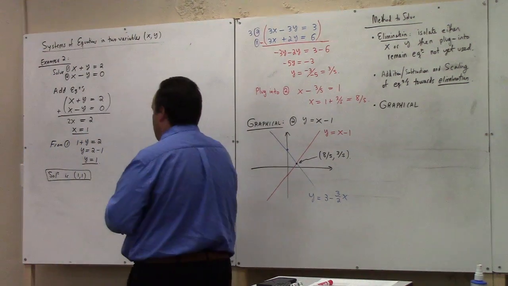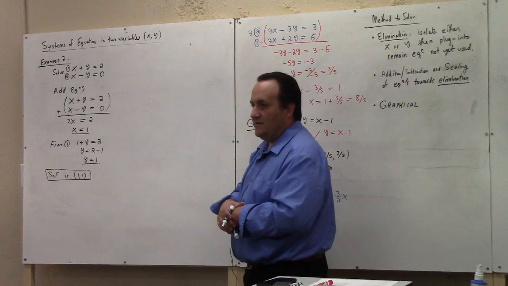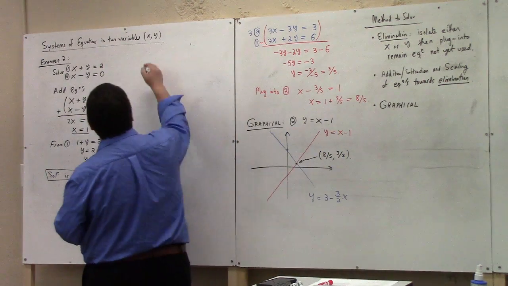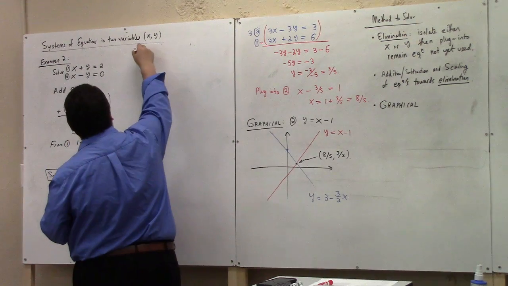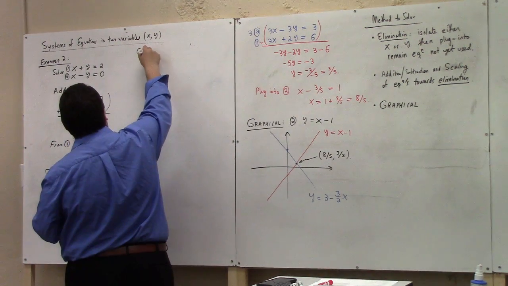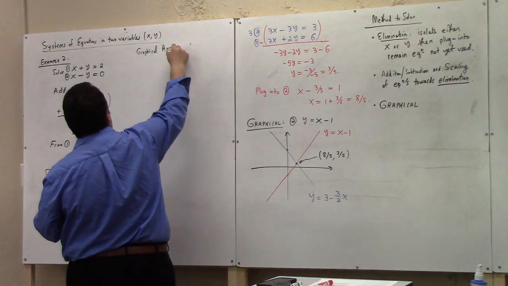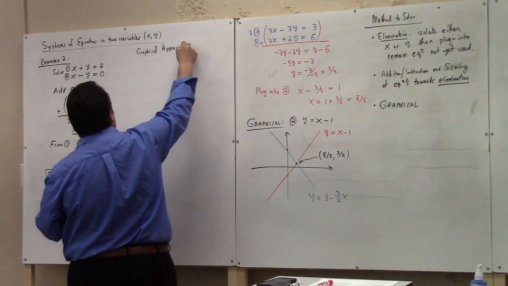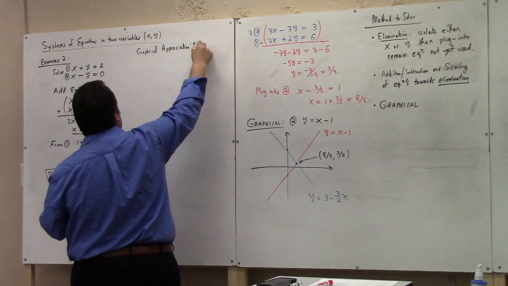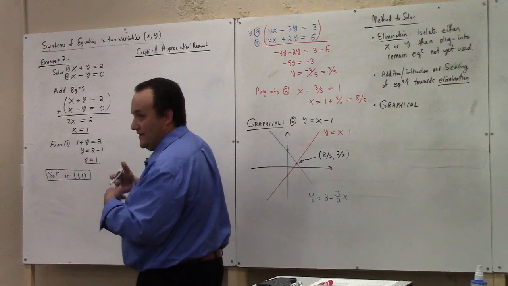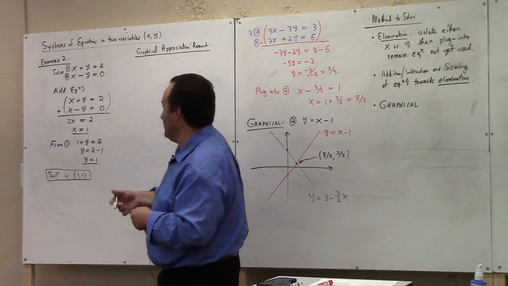Let's take a second here to smell the roses. What does this mean graphically speaking? Does this make sense graphically? Graphical appreciation remark. So this is not part of the solution, right? I just want to stop and say, what does this mean graphically?